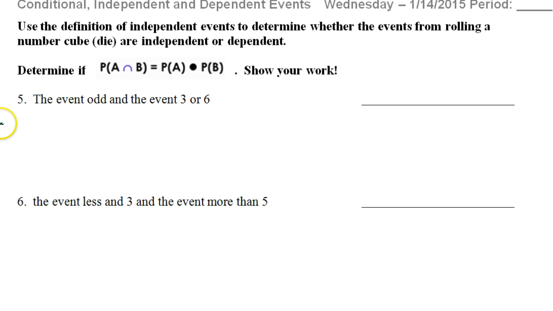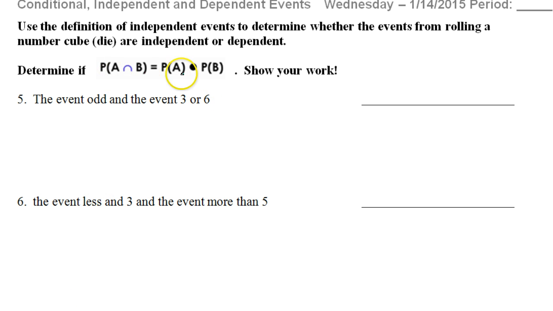Alright, moving on to some of this. Let's see. Use the definition of independent events to determine whether the events from rolling a number cube, a die, are independent or dependent. Okay, so the event odd and the event 3 or 6.